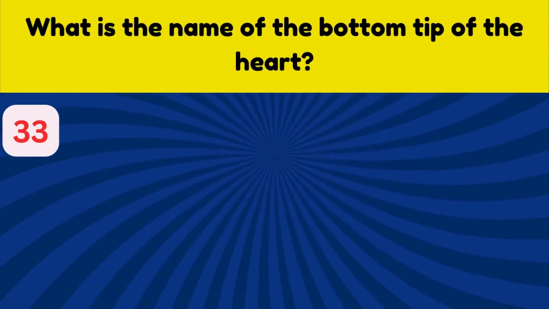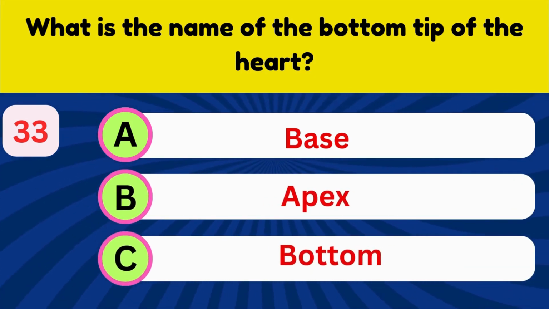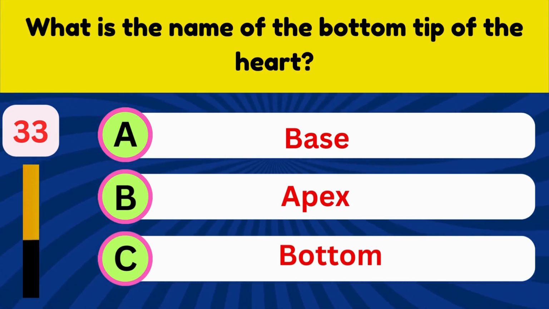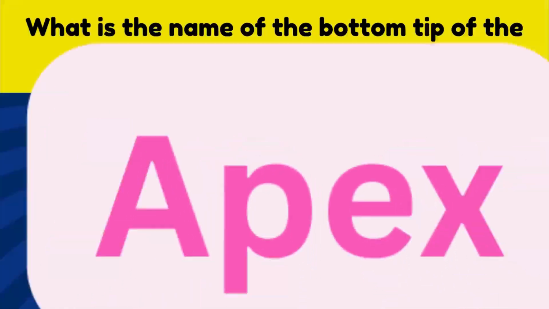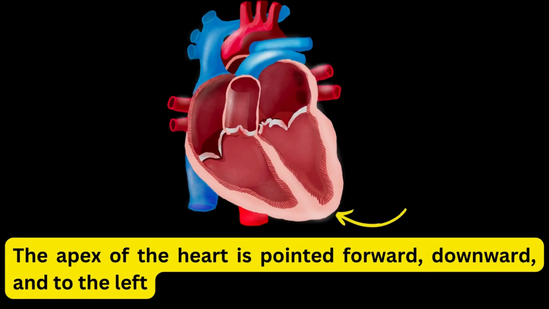What is the name of the bottom tip of the heart? Apex. The apex of the heart is pointed forward, downward, and to the left.